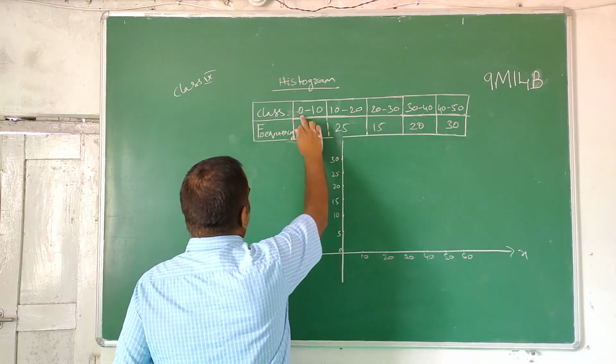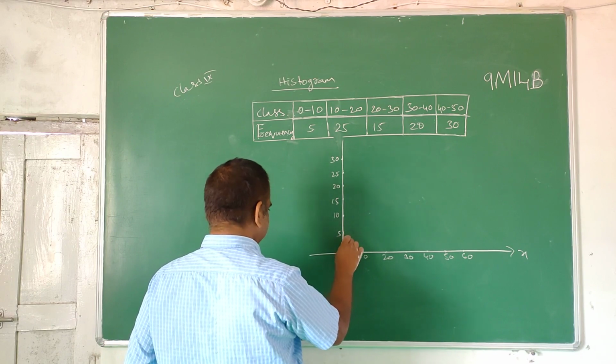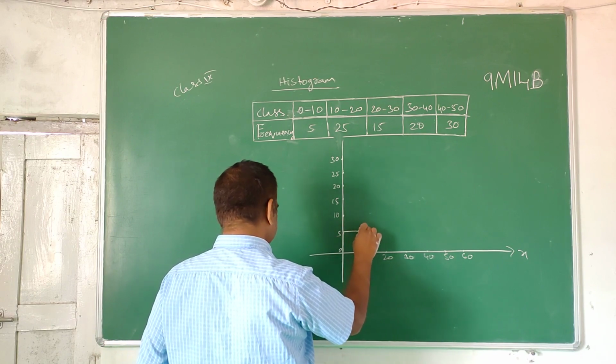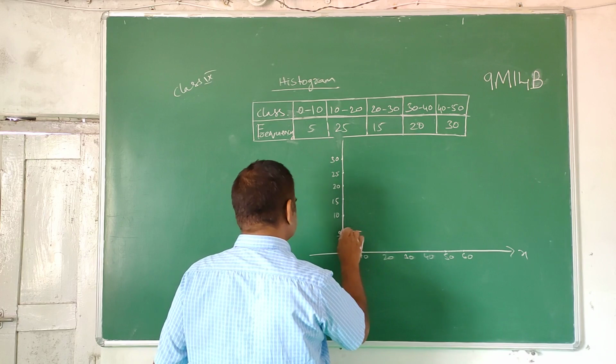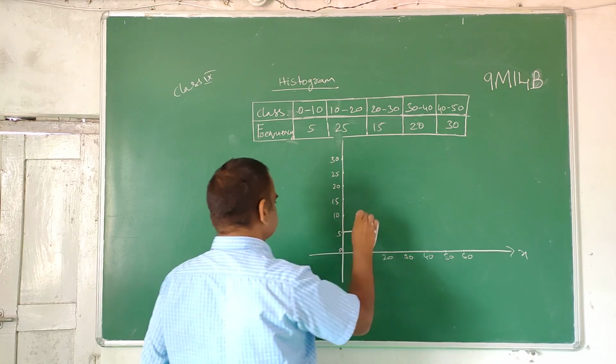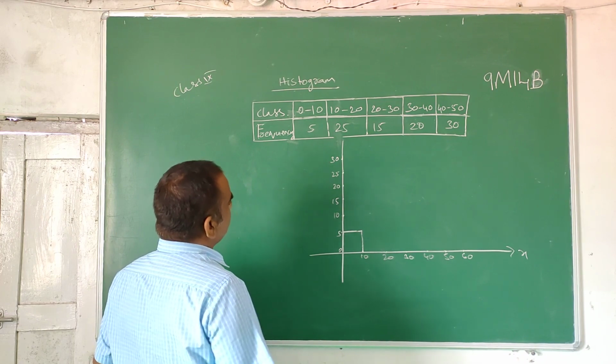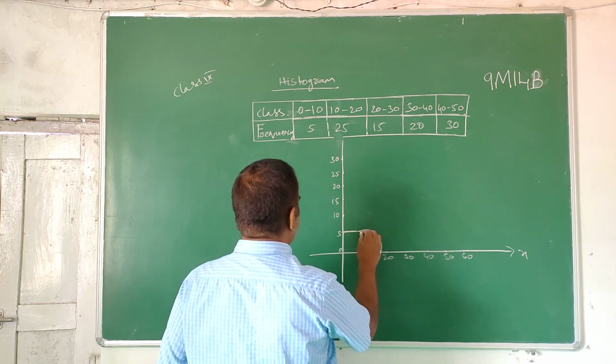From 0 to 10, you are seeing the frequency 5. From 10 to 20, frequency 25.